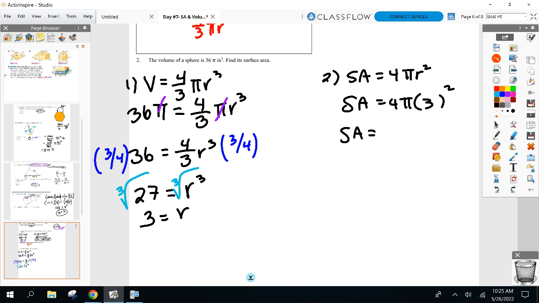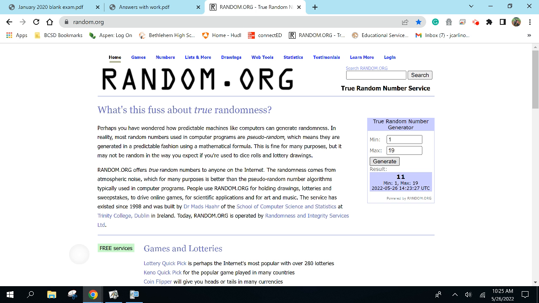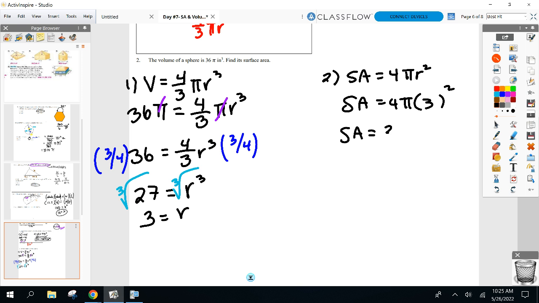Surface area in terms of pi. 36 pi square inches. Oh, it came out to be the same. It's not the same as the volume. Remember, volume is inside, surface area is outside. So we're okay taking the cube root? That was the point of that question, making sure we could take the cube root at the end.